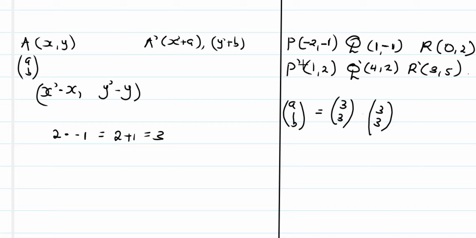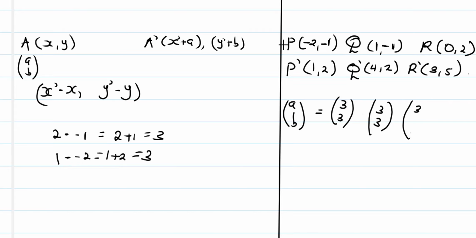We can then confirm with P. The translated X here is 1, and the original is negative 2, so 1 minus negative 2 becomes 1 plus 2, which is 3.